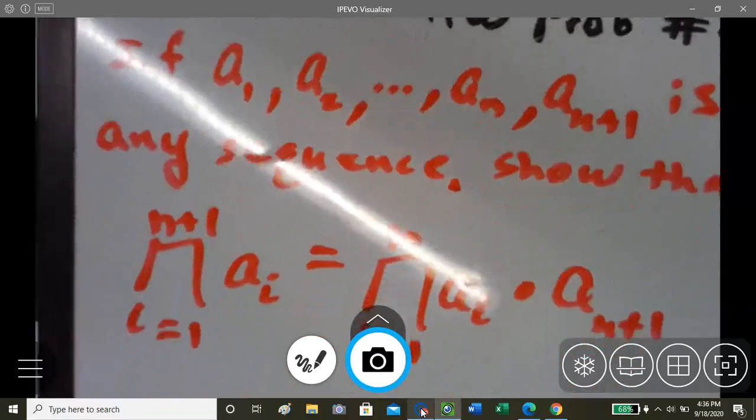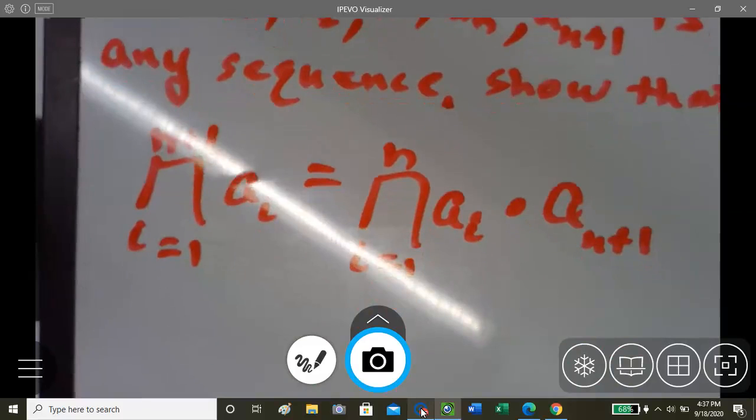Basically this is the same as what's on problem 4. The only difference is we're working with product. In the homework we're working with sum.